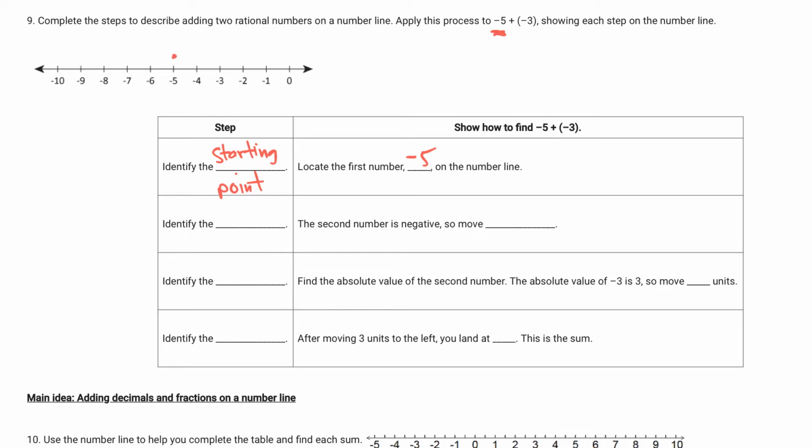And then I have to identify the direction. And it's to the left. This right here is to the left because that's negative. So move left. And then I have to identify the distance.